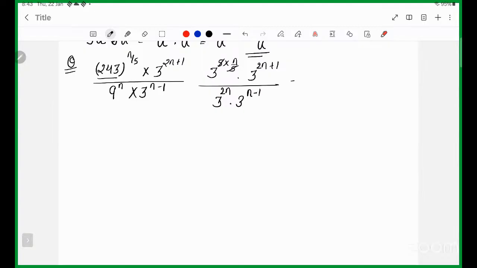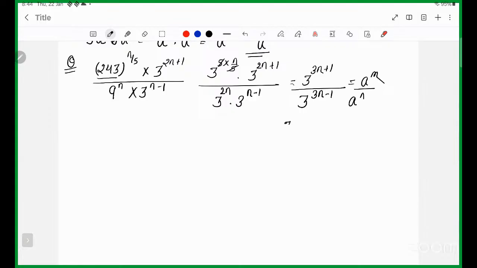So if I solve it, as the base is same, the powers will again get added. So it will be 3 raised to power 3n plus 1, and below it will be 3 raised to power 3n minus 1. Now again, with our property which we studied a little while ago, that if it is in the form of a raised to power m upon a raised to power n, this will get subtracted.